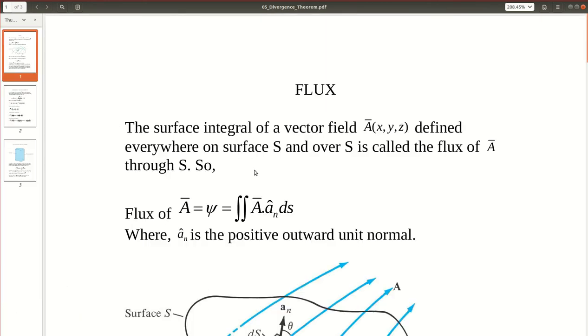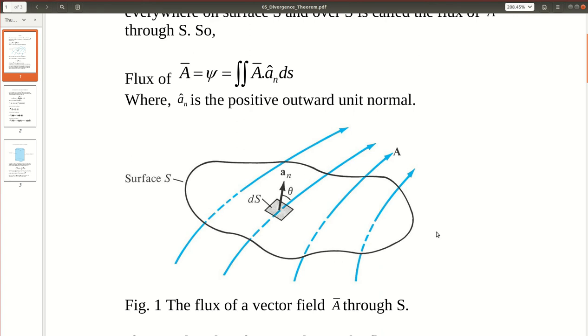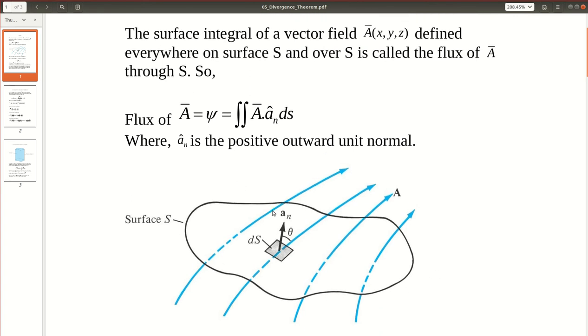Now before speaking about the divergence, let's speak about the surface integral. In the gradient we spoke about a length integral, a differential length. Here we will assume that we have a surface, and on this surface there is some flux.